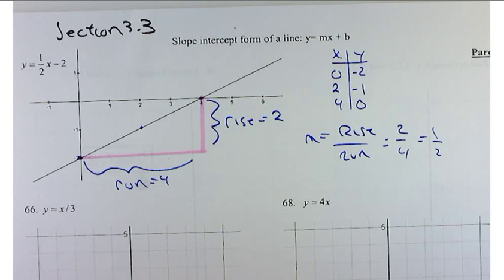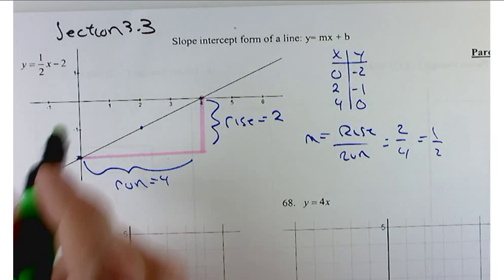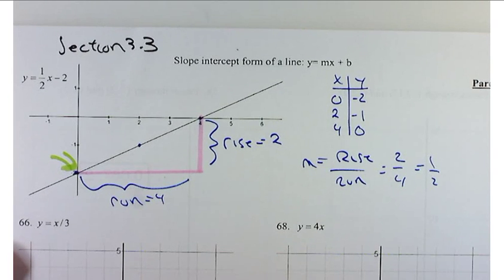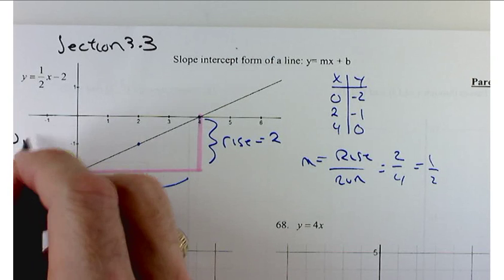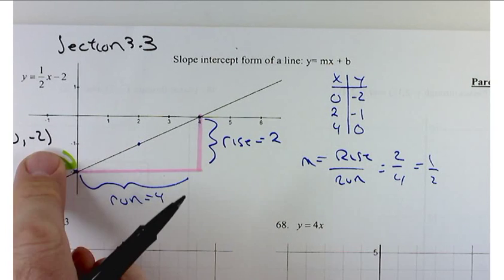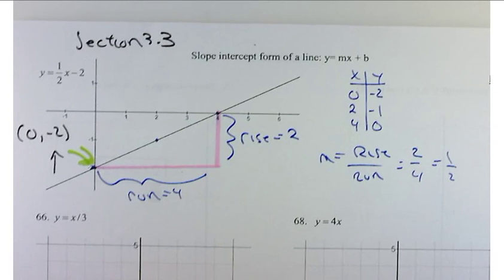Now I mentioned a minute ago that one of the things that I'll want you to find is this point right here, the y-intercept. What are the coordinates of that point? Thank you, 0, negative 2. And in particular, notice that the y-intercept is negative 2.